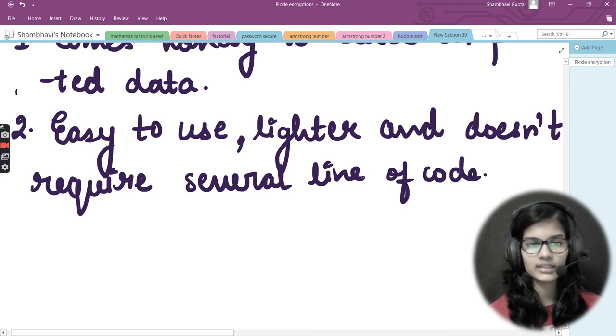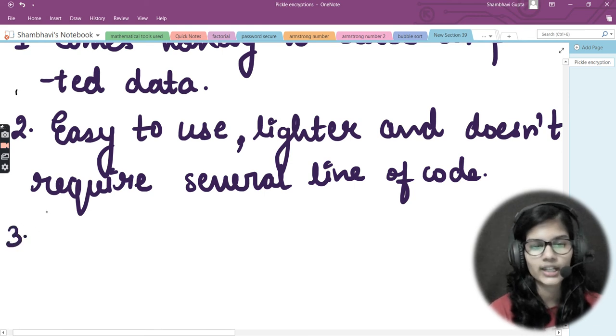So basically this one is easy and lighter to use, and the very important thing is that it does not require several lines of code. When we did the pickling, we had not written a very long code. It was around 5 to 10 lines of code that we wrote for doing the pickling. So it doesn't require too many lines of code, right?